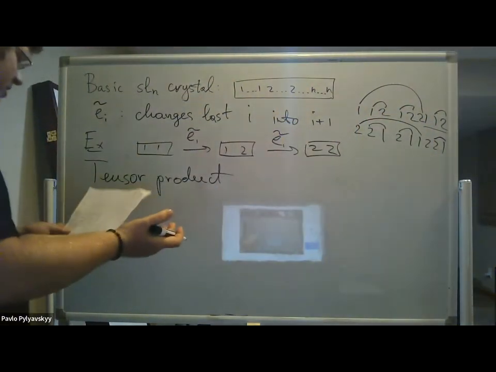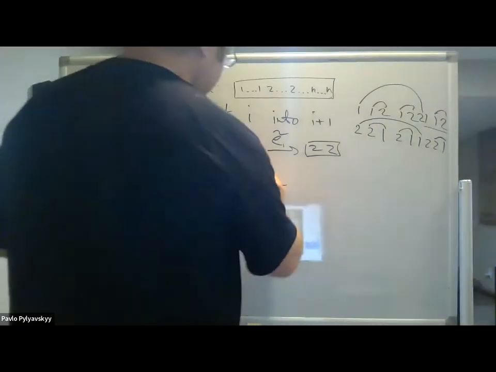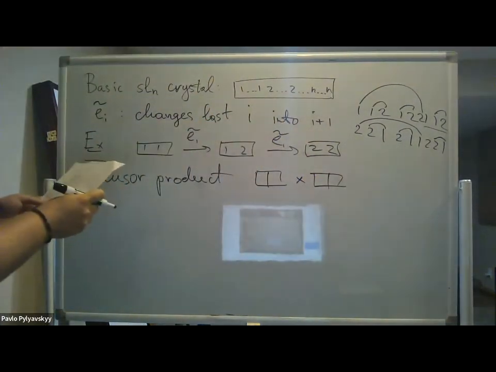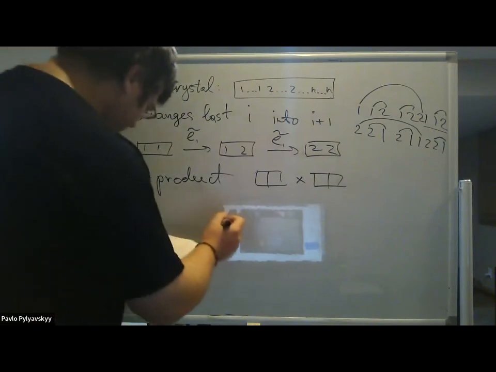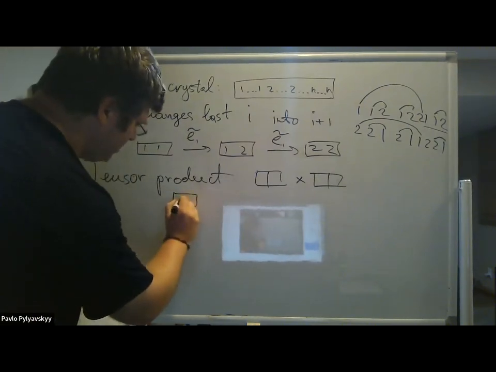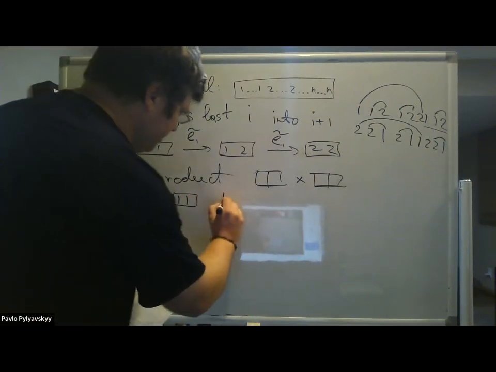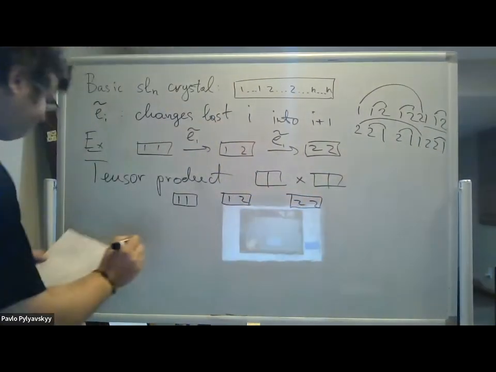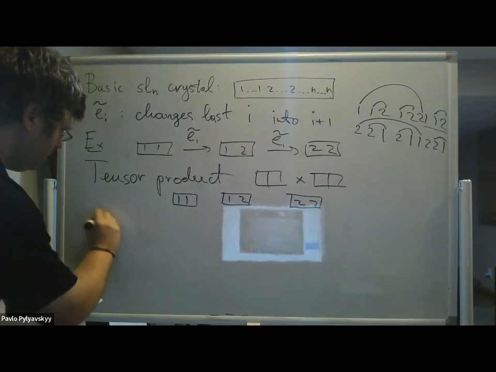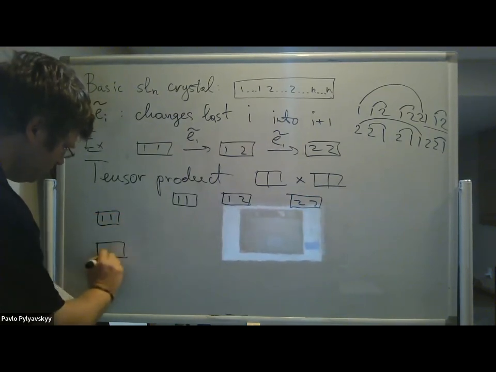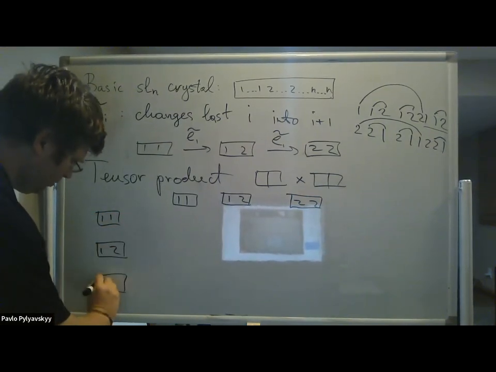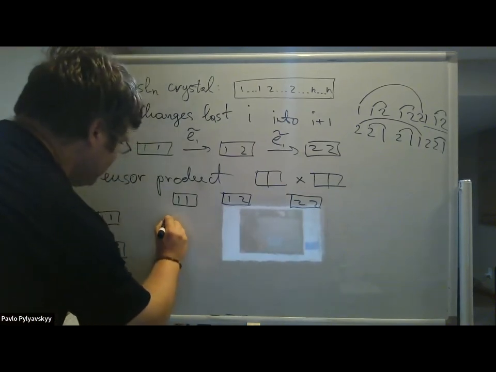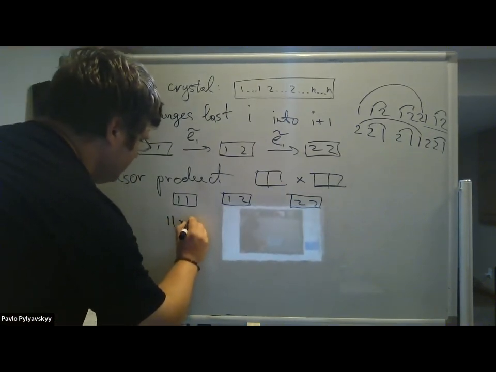So let me show you what happens when you take the tensor product of this crystal with itself, the one I drew on the board. It looks like a table. Let me draw it, and you will see what I mean. It's like 1, 1, 1, 2, 2, 2 along the top and side. Here we have the element 1, 1 times 1, 1.